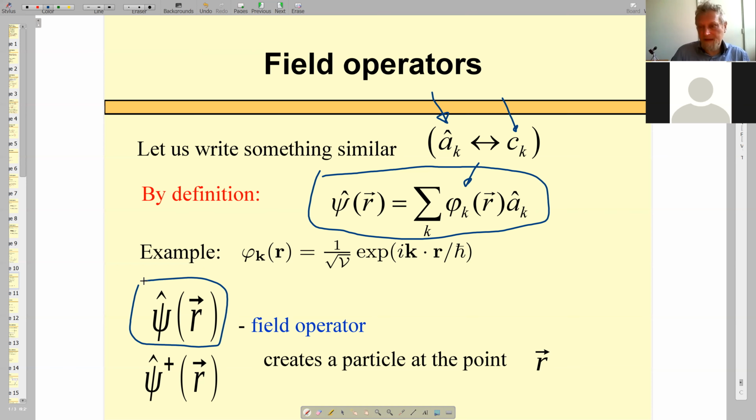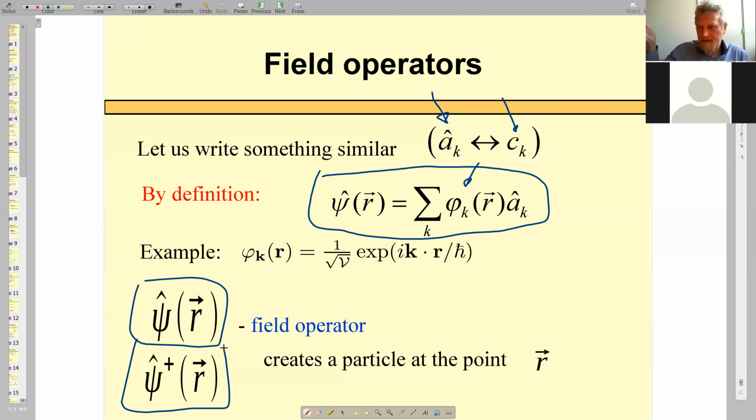This is an operator which annihilates a particle not in a level, but rather in a point, in a particular point of coordinate space. Correspondingly, psi dagger creates a particle at this point. So everything is logical.